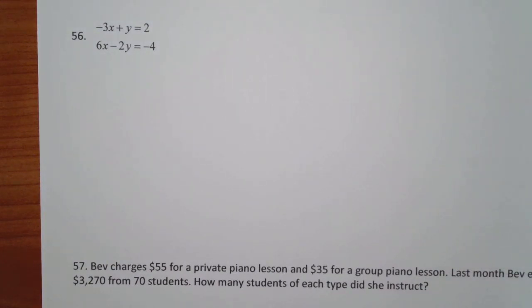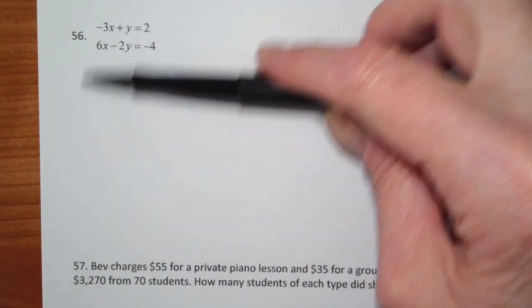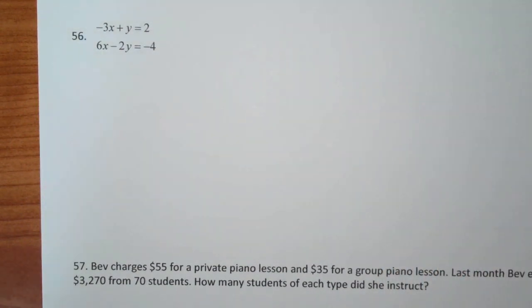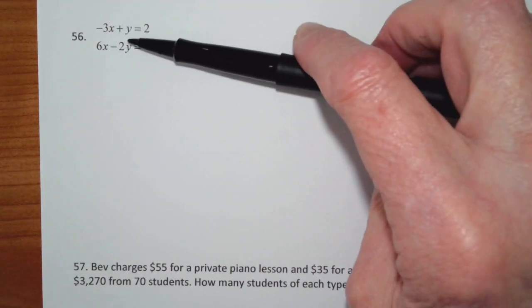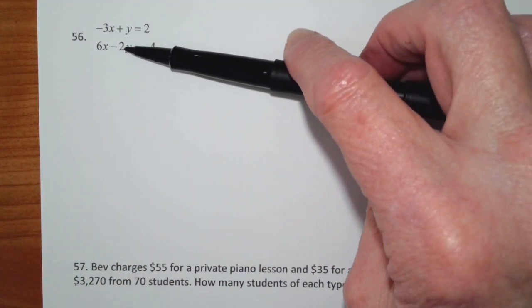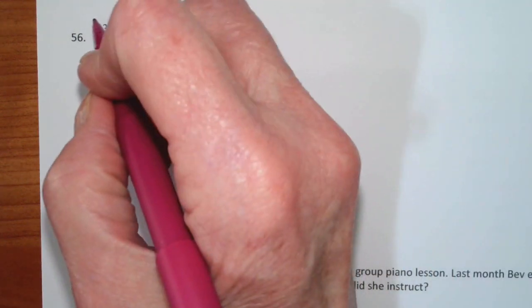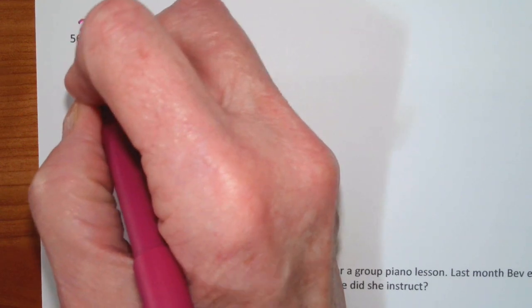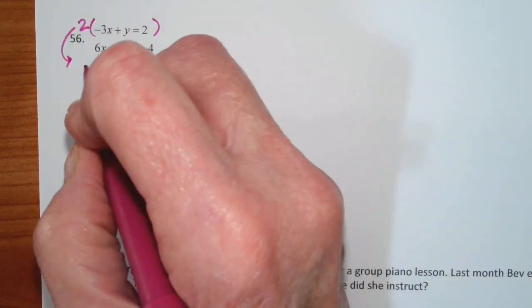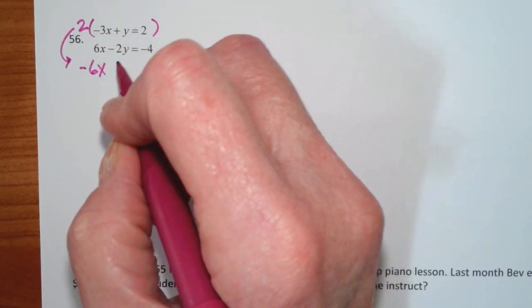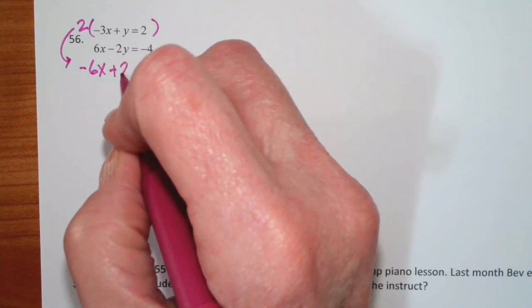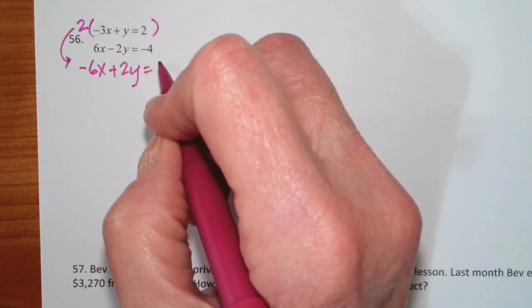Okay, on 56, I have the same situation. If I add these together the way they are, nothing is eliminated. But once again, I see if I multiply, I've got a negative 2y and a positive 1. So if I multiply this by 2, that gives me negative 6x plus 2y is equal to 4.